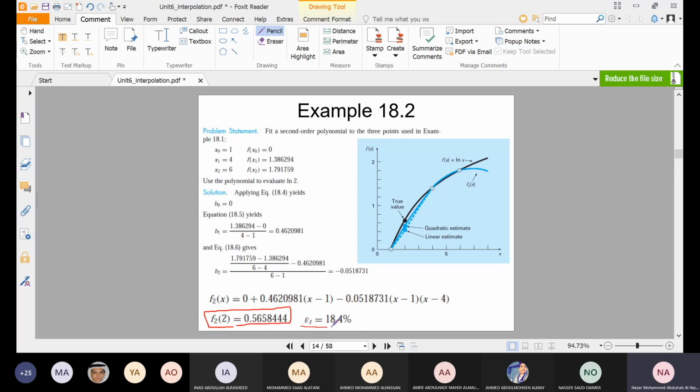Now if we compute the true percentage relative error, it equals 18.4%. So you can see it is reduced from 33.3% to 18.4%.